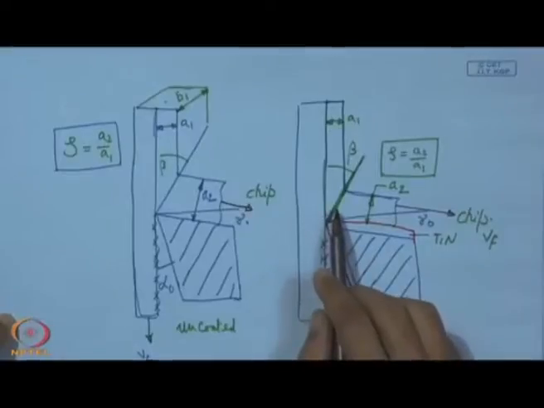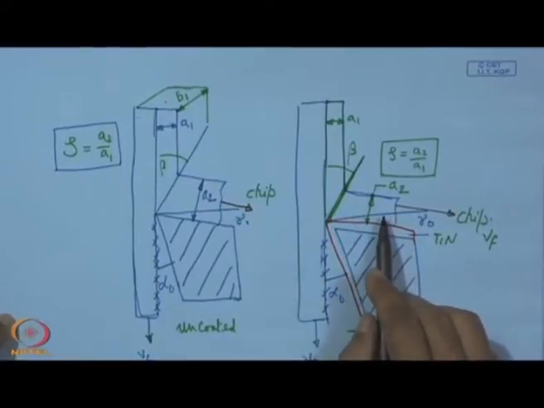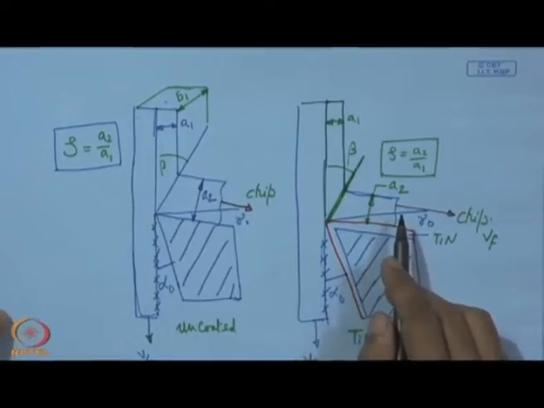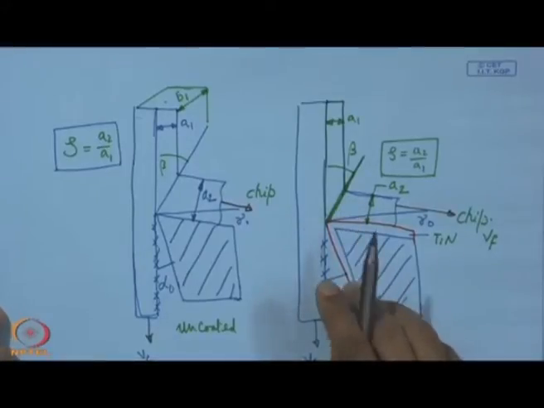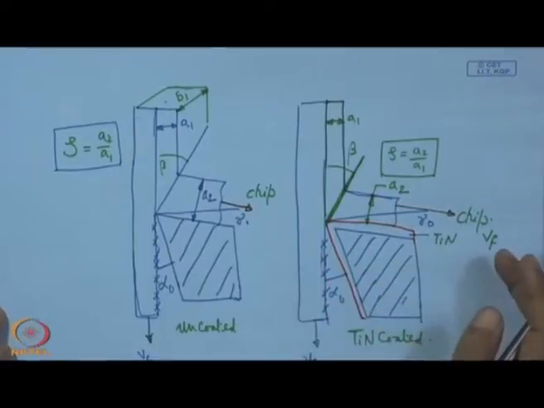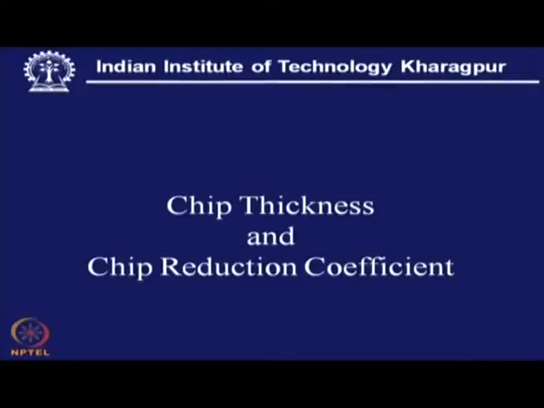That means we allow less deformation to get the work done. The energy spent is less, force is less, and that is a saving, while keeping the same material removal rate. So the question here is, how to evaluate this TiN coating?